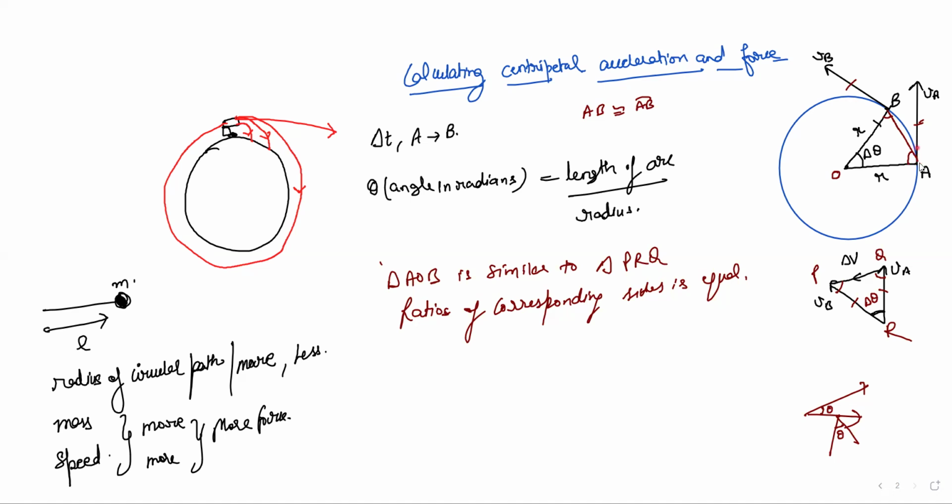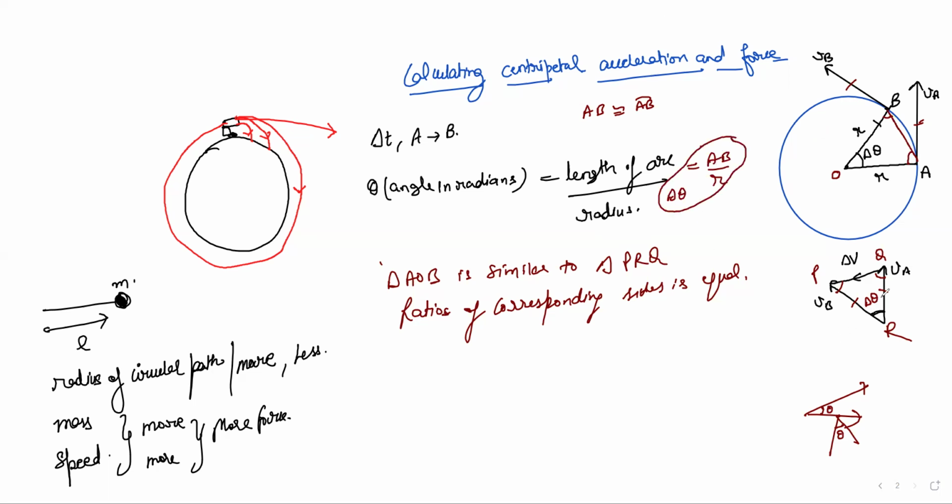So if I measure the length of this curve AB or this straight line AB, they are nearly the same. So theta is length of arc by radius, but since they are nearly the same, can we write delta theta equal to AB upon R?